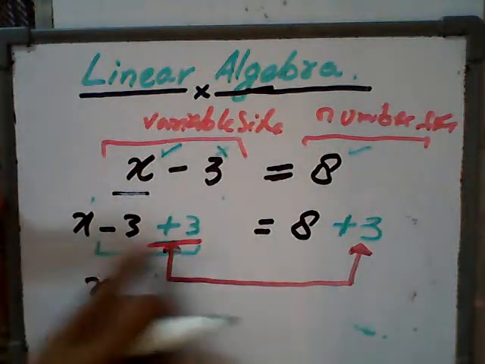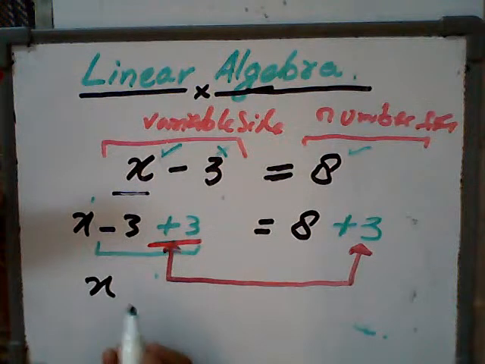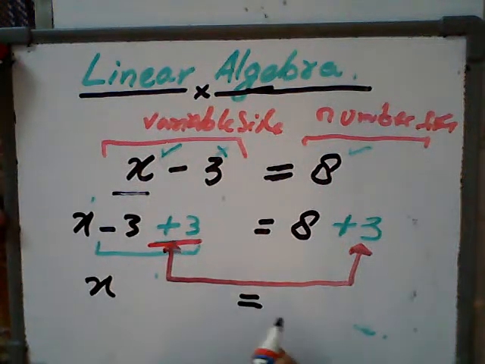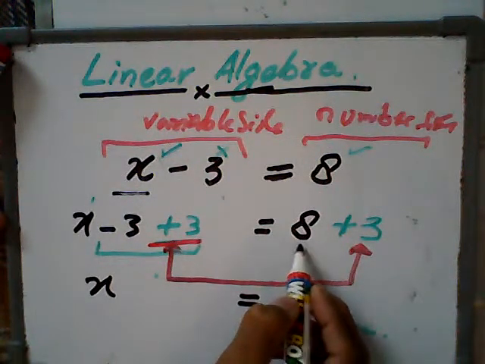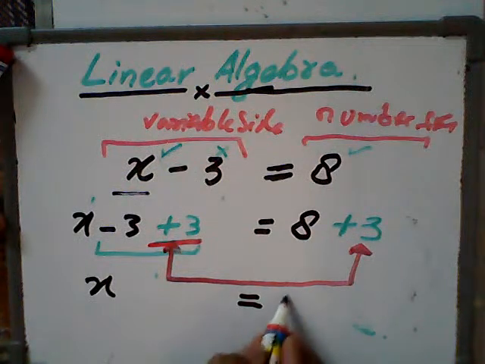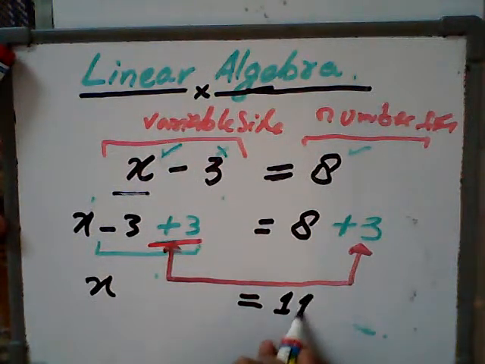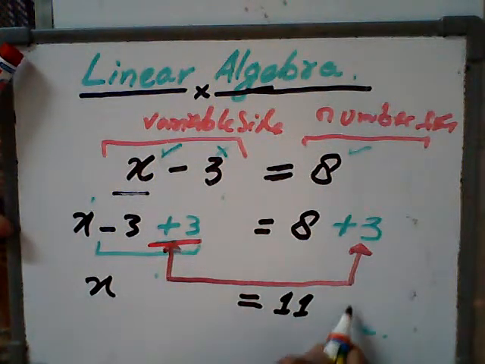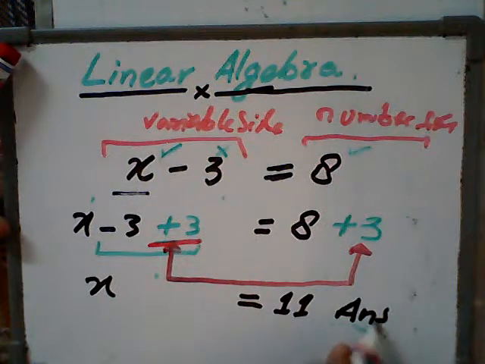Now -3 plus 3 gives us 0, meaning nothing. So only x is remaining on one side, and here you can see that 8 plus 3 is 11. So now x is alone, and that's why this will be your answer.